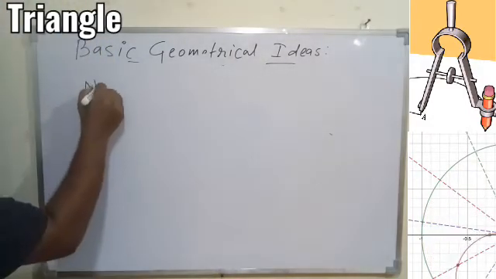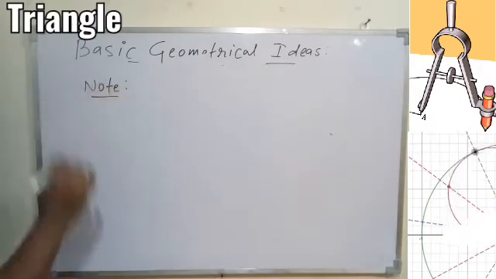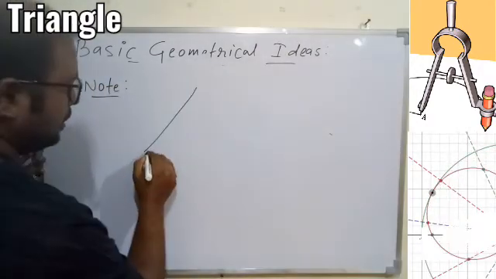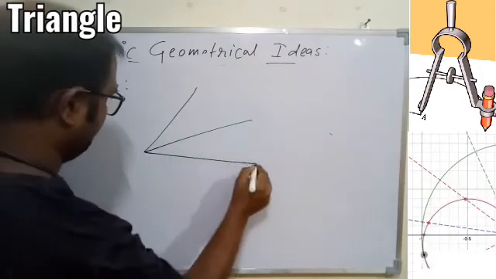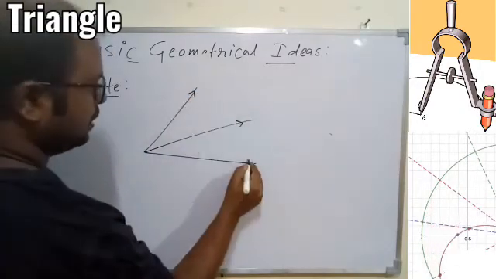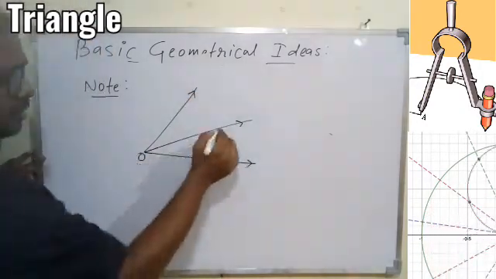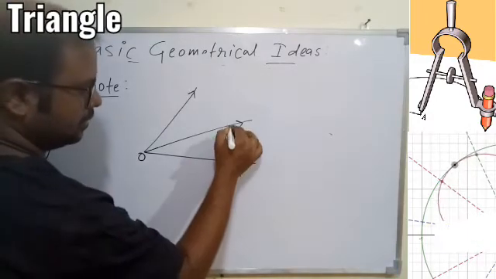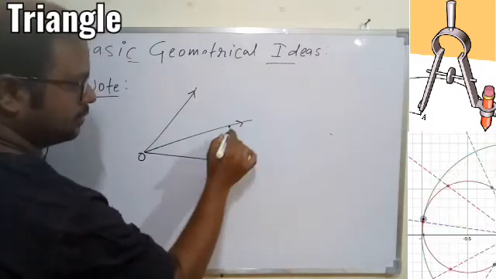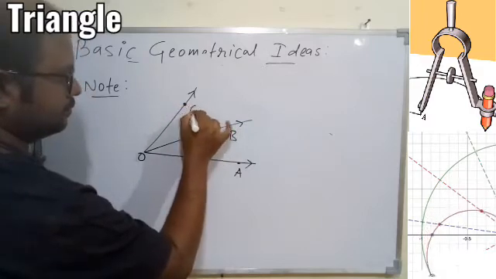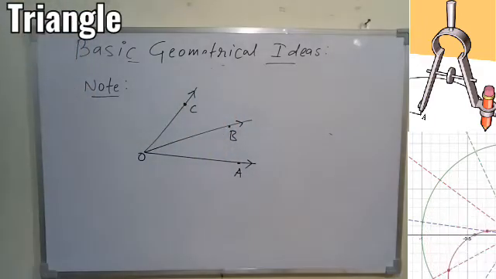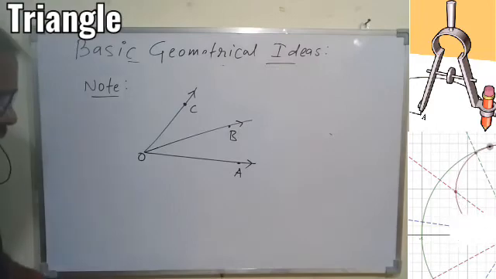Now the last thing we'll talk about in the note. I'm again making a diagram, and with the diagram we'll understand the concept. Let's give the names A, B and C. Now how many rays can you see?